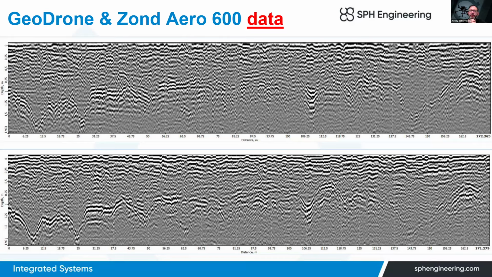So humidity or water content in the soil mix was different, and surface conditions a bit different. The data from both systems is very good and very, very similar. So in terms of data, penetration, and resolution, both systems work as expected from 600 megahertz.